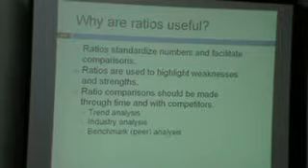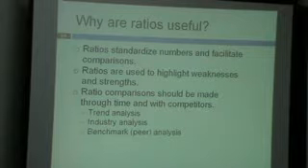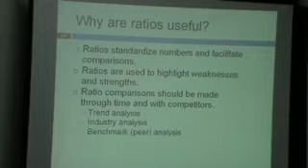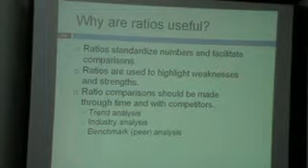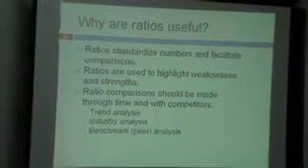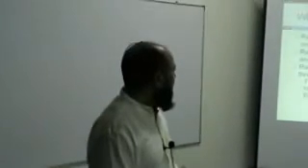If we are looking at absolute numbers, for example only at net income, we cannot find out how well the management is doing, how strong the company is as far as its liquidity is concerned, or how well it is doing as far as asset management is concerned. That is the reason we go beyond those numbers and do ratio analysis.